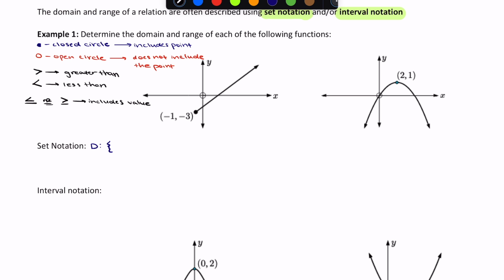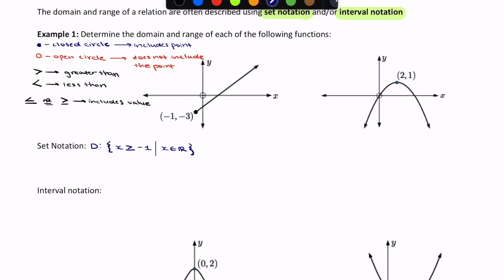So here we see that our domain, again, x has to be greater than or equal to -1. Here we're indicating x has to be greater than or equal to -1, but after that restriction, x is an element of any real number.